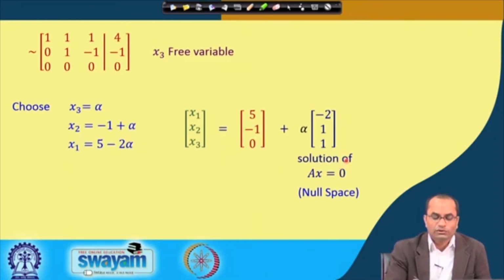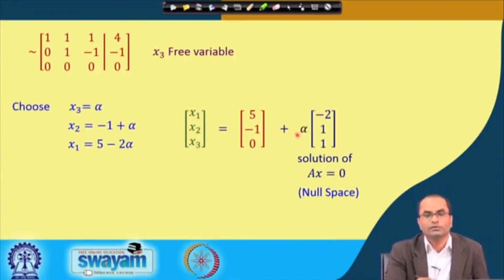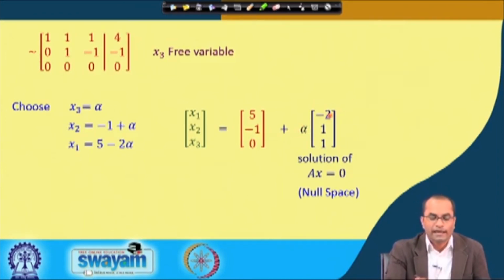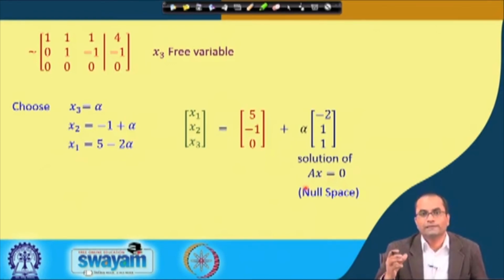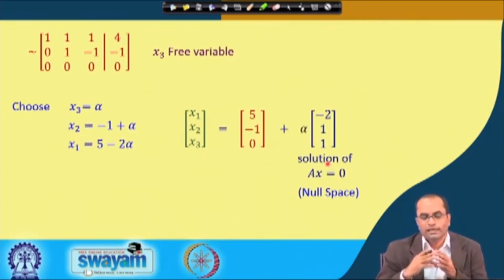There are so many solutions here; for each alpha you take 1, you take 2, you take 1.5, anything. That is exactly the solution of Ax equal to 0, and later on we will come to this, it is called the null space of A. So, null space will be nothing but all solutions of this Ax equal to 0 together.